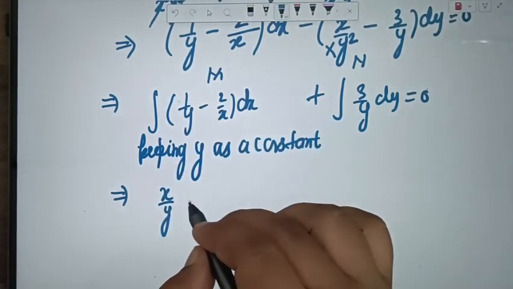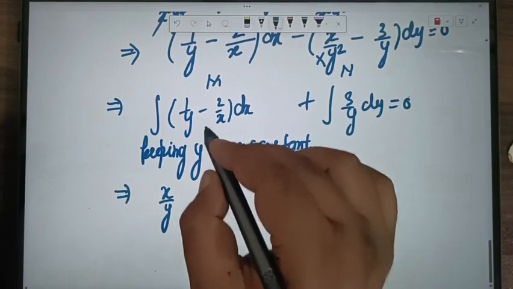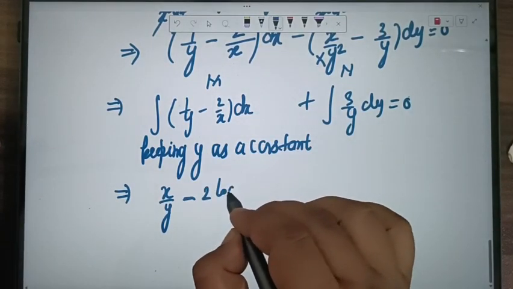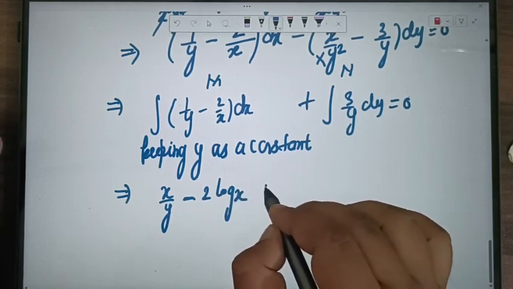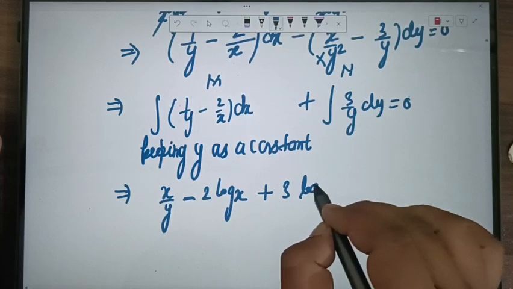The integration of 1 upon y is x. The integration of this is minus 2 log x, okay, and then plus, what about this, 3 log y.